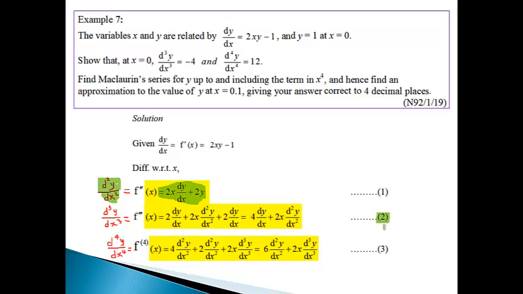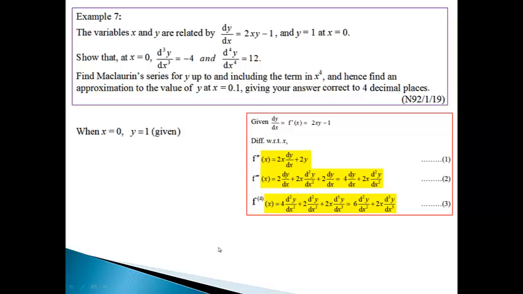After finding equation 2, I still have to differentiate this equation implicitly with respect to x, so that I'll arrive at d⁴y/dx⁴ equivalent to this sum here. The reason is that we are required to show that at x equals 0, d³y/dx³ is equal to negative 4 and d⁴y/dx⁴ is equal to 12.